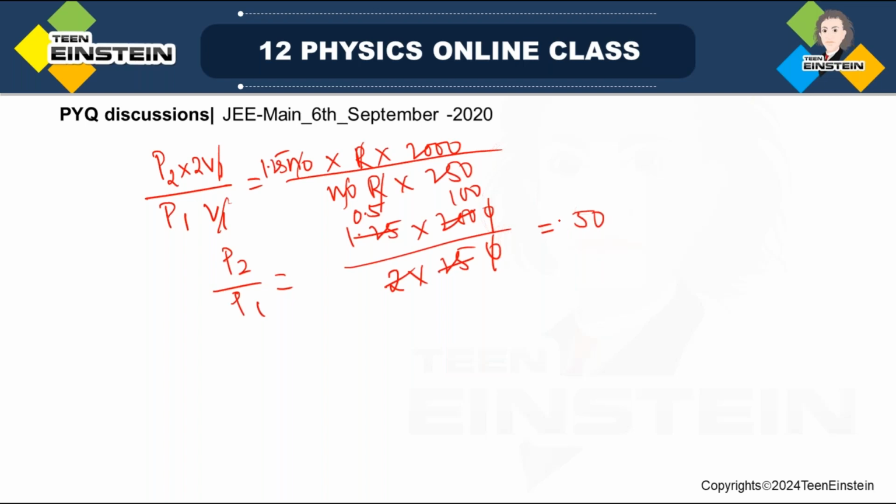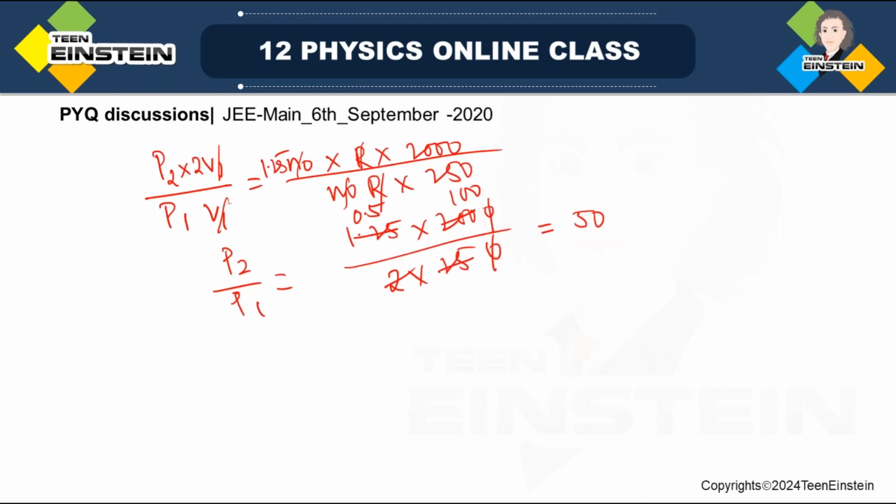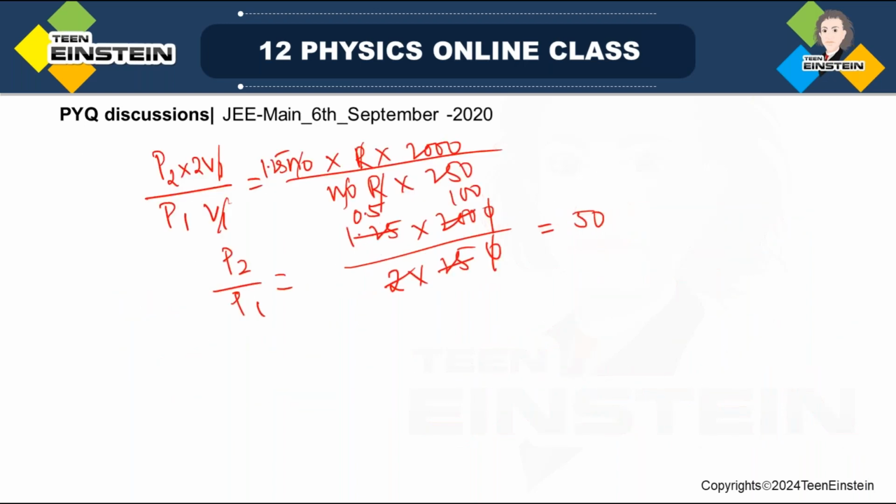Let me cross check once again. 2000, 250 Kelvin, fine. 2000, okay. Things are all right. Let me check here. Okay, so I'll just redo the calculation here.